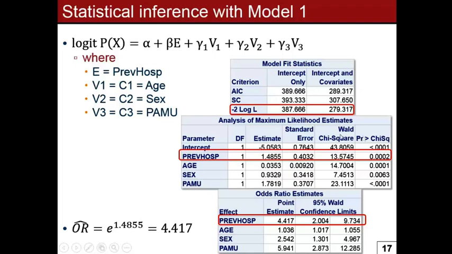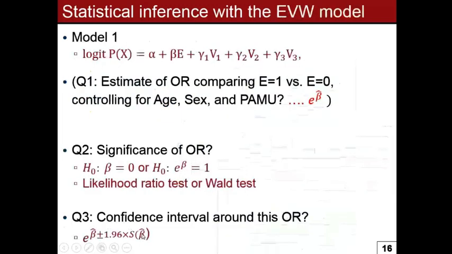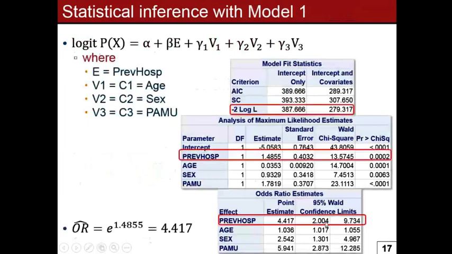This column contains nothing new over the two to the left, and here is the table of the e to the betas. And so here, 4.417 is the point estimate. And by the way, here is the Wald confidence interval, which you would get from this formula. So if you did e to the beta hat plus or minus 1.96 times the standard error of beta hat, you would get exactly this.